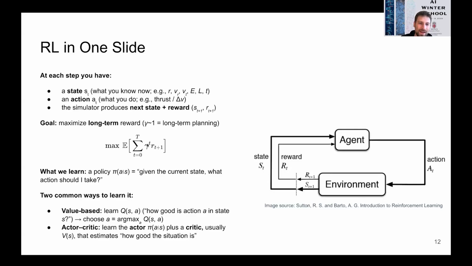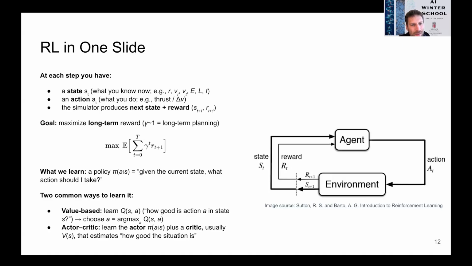And then there's a gamma factor here, which is typically something very close to one. You can see it's to the power of t, so it tells you how to discount long-term things far out in the future. For many time steps way out in the future, if you have a fraction less than one, those are going to count way less. So it's a way to discount later behaviors compared to earlier behaviors in your trajectory. And this is what we want to maximize.